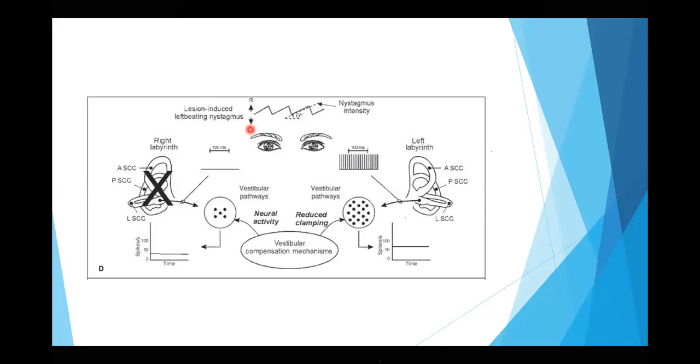In reality, there is no response coming from the semicircular canal, but the vestibular nuclei will receive inputs like that. Since it has started getting inputs from the cerebellum, the clamping will cease. The clamping will reduce. So now it will go back to the spontaneous rate only.